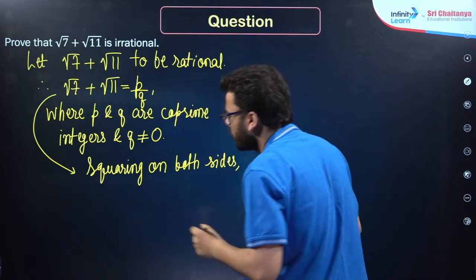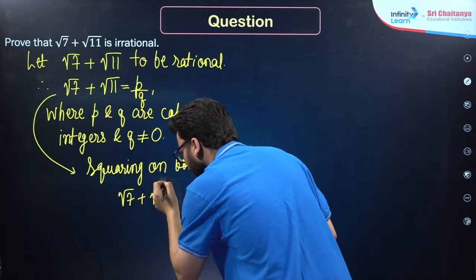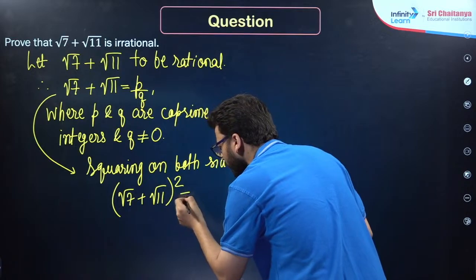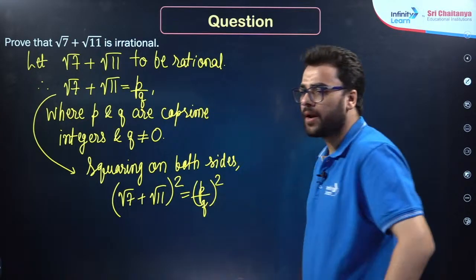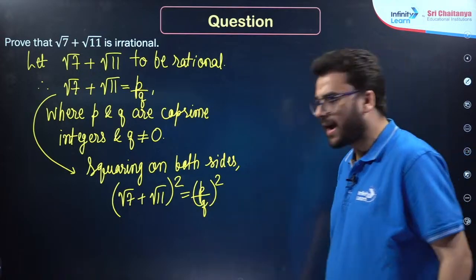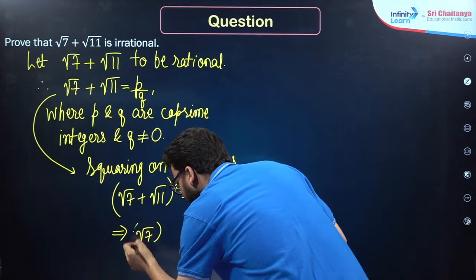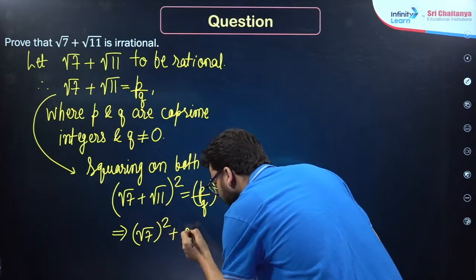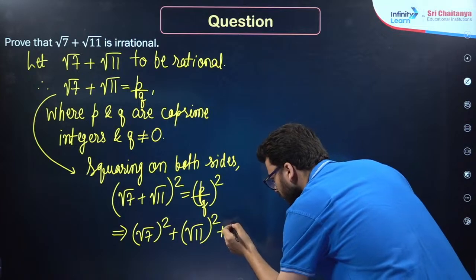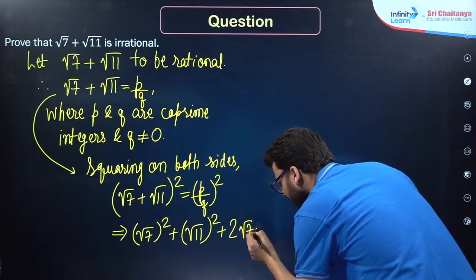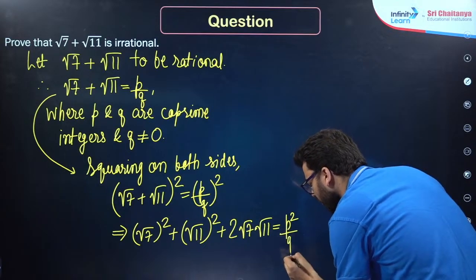So if you square on both these sides, what will you get, guys? So over here you can use a plus b the whole square identity. So that will give you root 7 the whole square plus root 11 the whole square plus 2 root 7 root 11, and that is equal to p square upon q square.